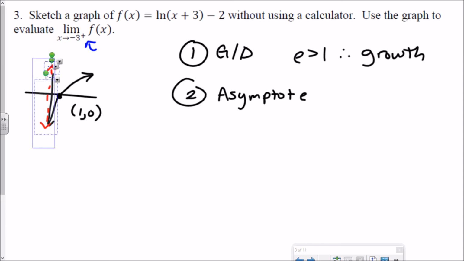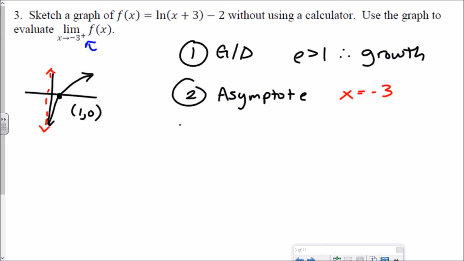Again, we need to think about what type of transition will matter. An up and down transition is going to keep your asymptote in the same spot. It's a left to right transition that will actually affect your graph. So I'm going to now choose the left to right transition. So what did I do? I moved left 3. So then my asymptote will be left 3 from 0, so negative 3.